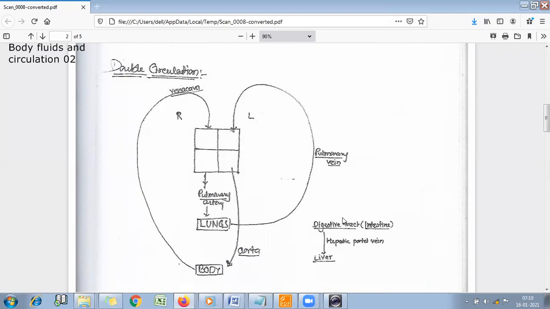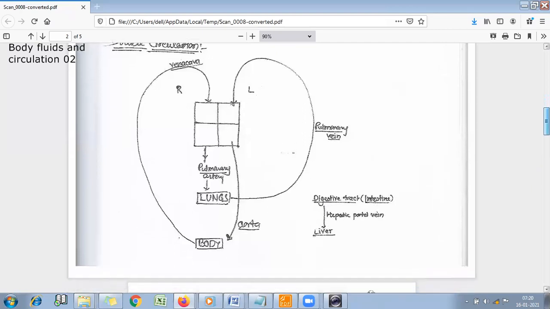From the digestive tract, the blood is not directly sent into the heart. The liver is present between the digestive tract and the heart. So blood from the digestive tract or intestine is transported into the heart through the liver. This path from the digestive tract to the liver is called the hepatic portal vein.